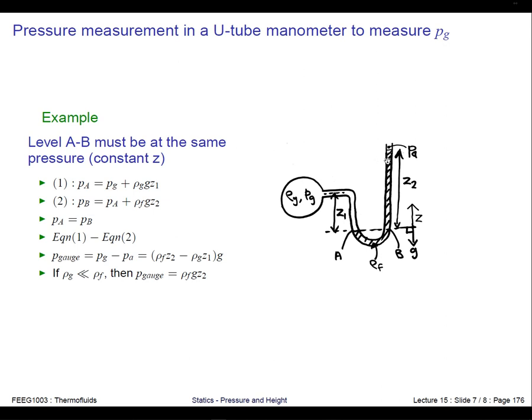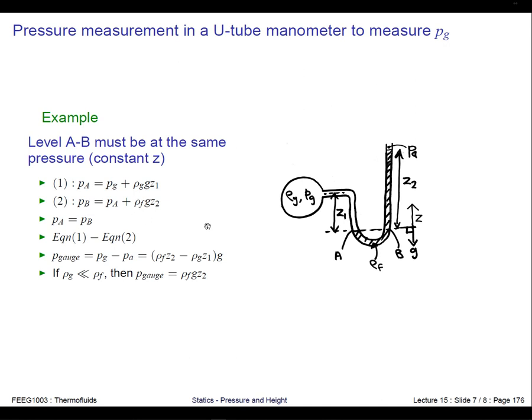So that's this PA, which might well be atmospheric pressure, plus the height of the fluid above point B, which is rho F g Z2. So that's what we've got here.